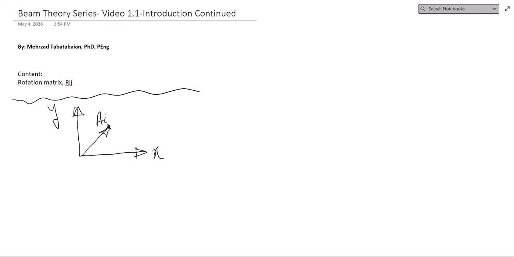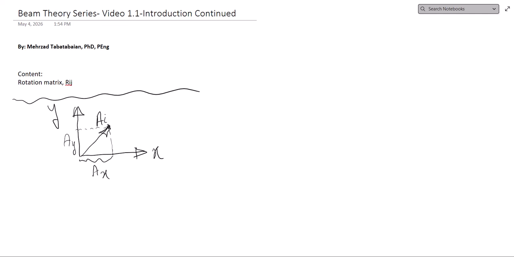Obviously, this will have two components, say Ax and Ay in this coordinate system. So the coordinate system I am considering here is just general. You can have any compatible right hand rule coordinate system.